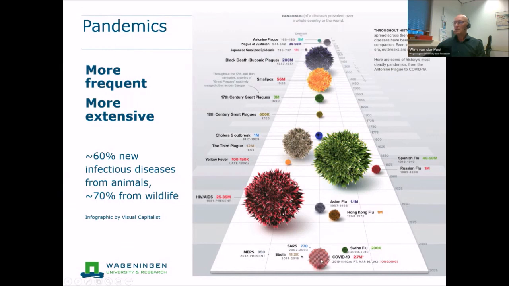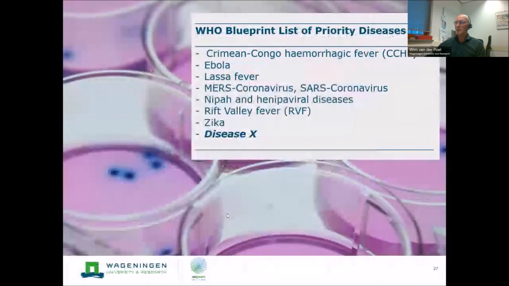These pandemics have followed more rapidly after each other, and have also shown that they are more extensive than the earlier pandemics. So it's very important to be better prepared for pandemics.